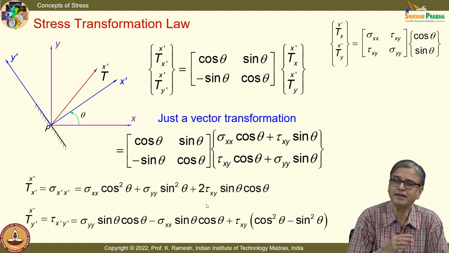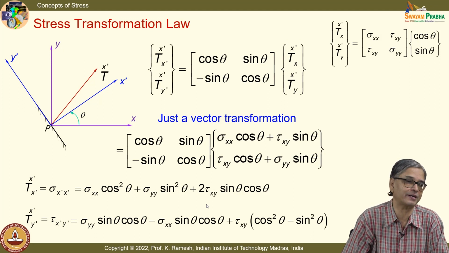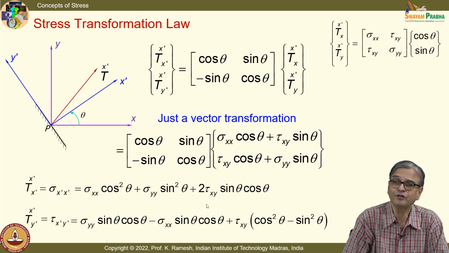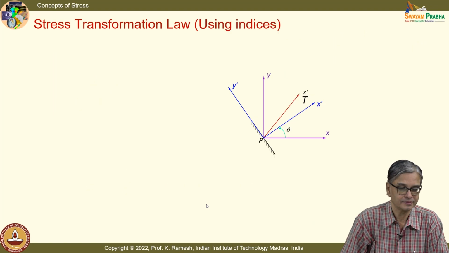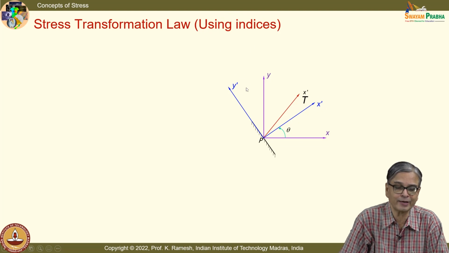So, now we will look at it from a different perspective. You need to know and master this aspect also. So, what I am going to do is, I will directly write the stress components in the reference axes x prime y prime using indices. And what is given to you with respect to the xy reference?